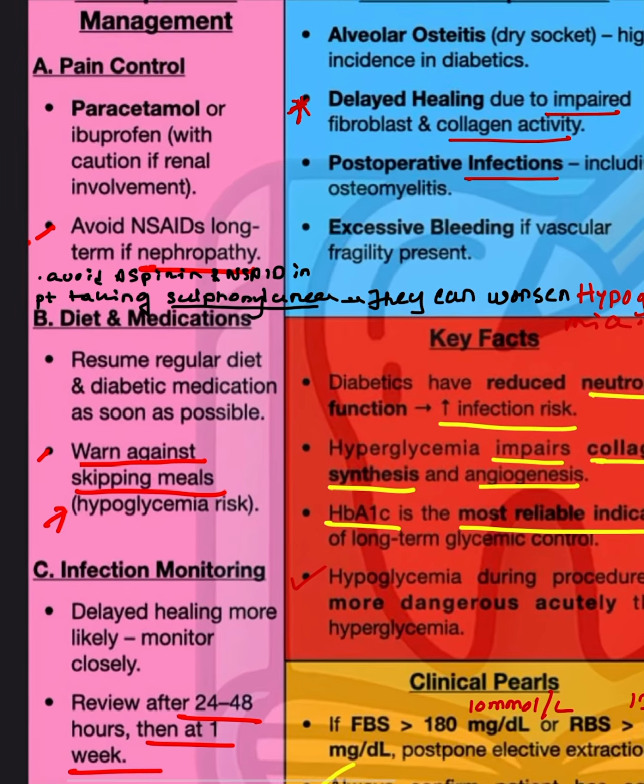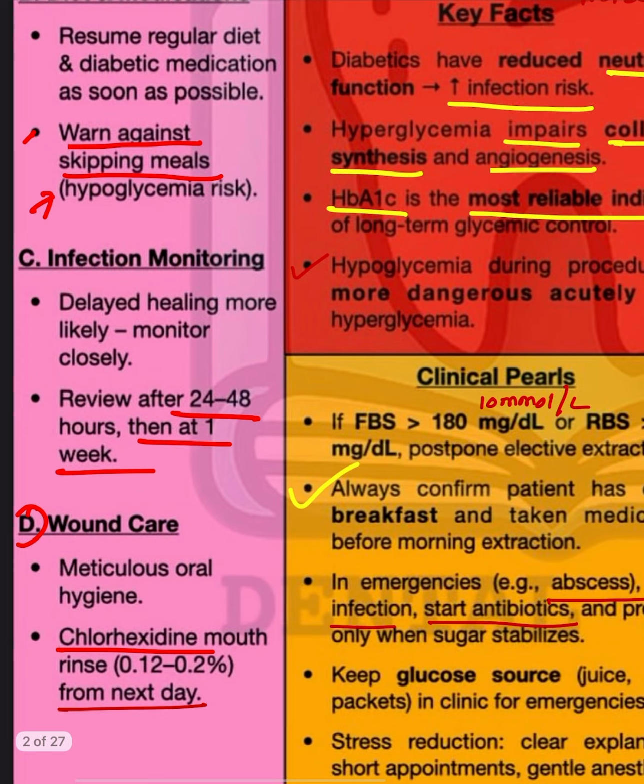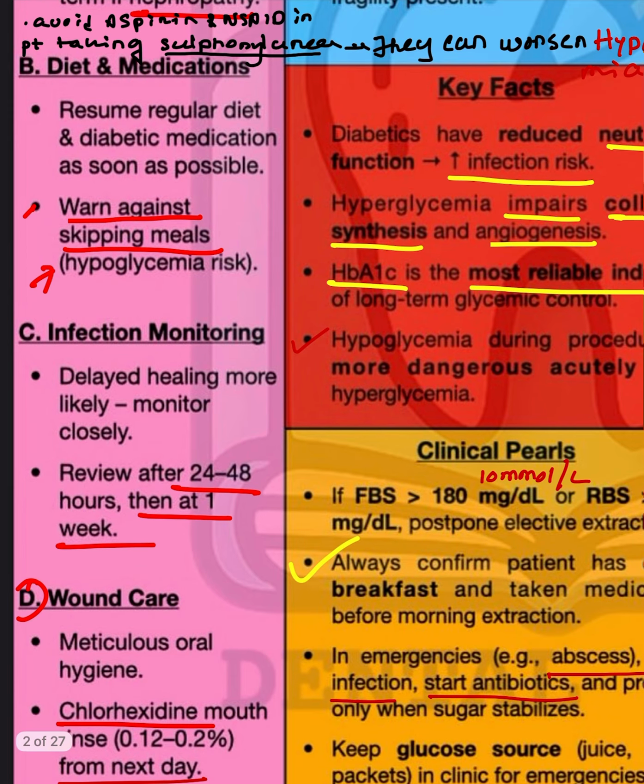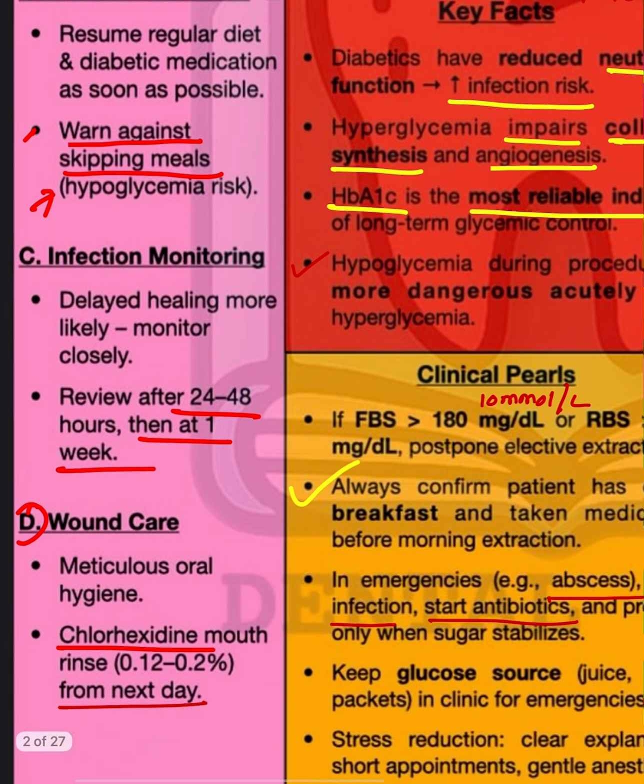And now diet and medication. On the day of surgery, if the patient cannot eat before the procedure, or after the procedure may have difficulty in eating, then it is better to avoid the oral hypoglycemic drug on that day.